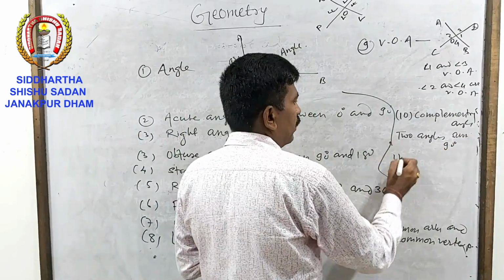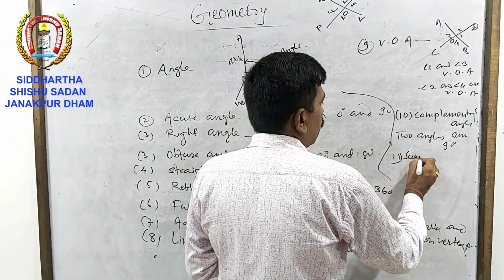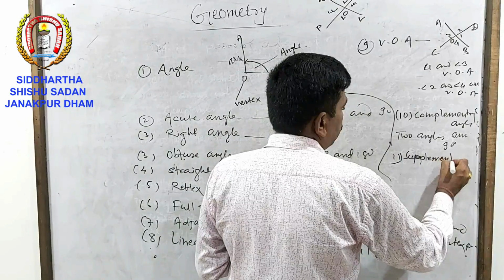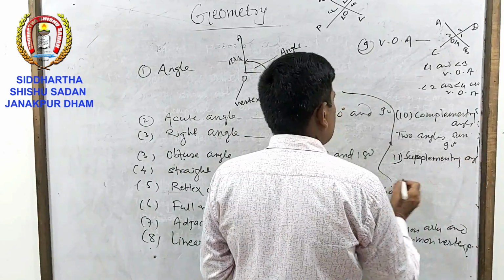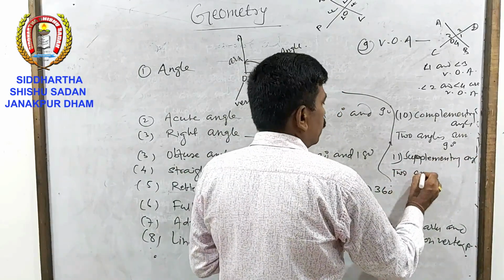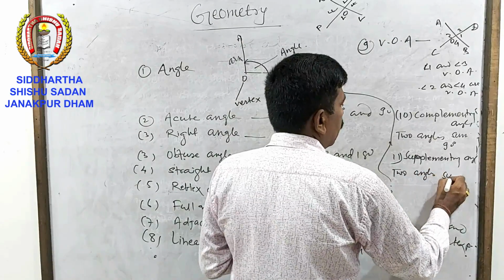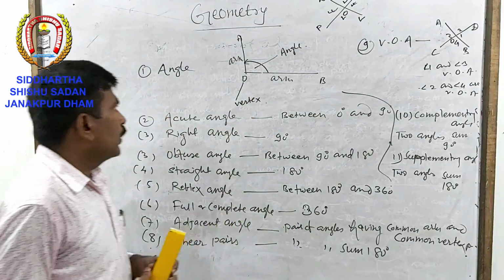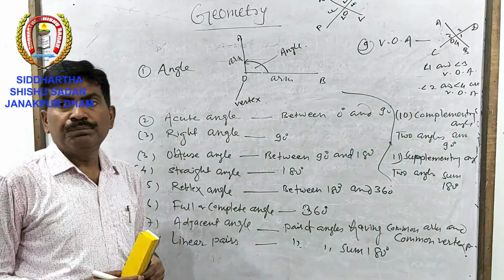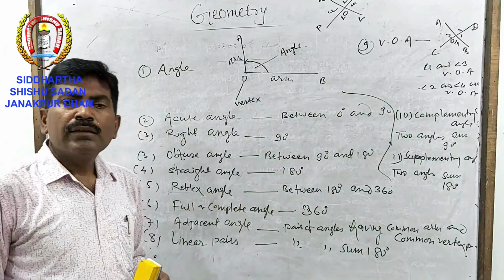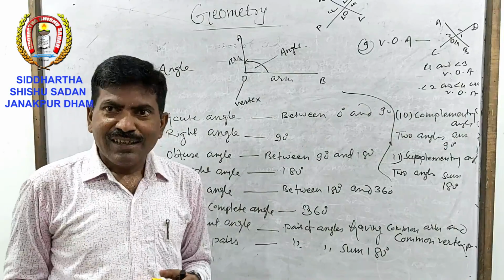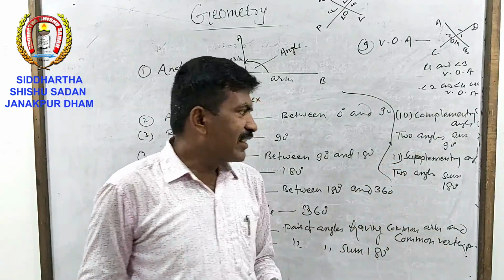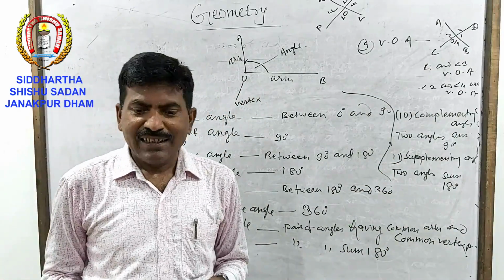Number 11 we have learned supplementary angles. Two angles sum 180 degree. So today we have started about the angles and we have ended by completing the supplementary angles.